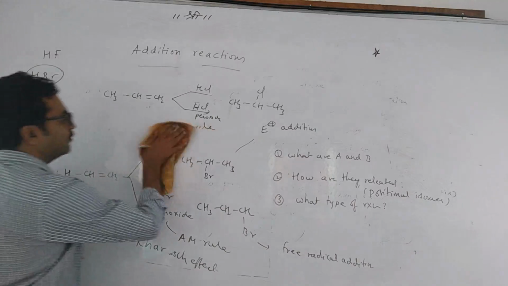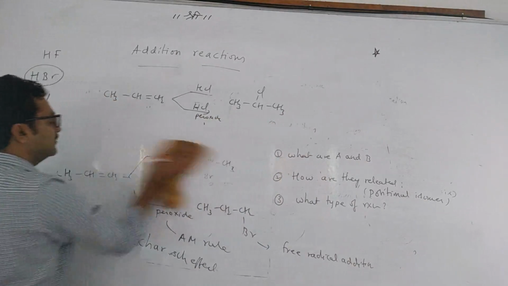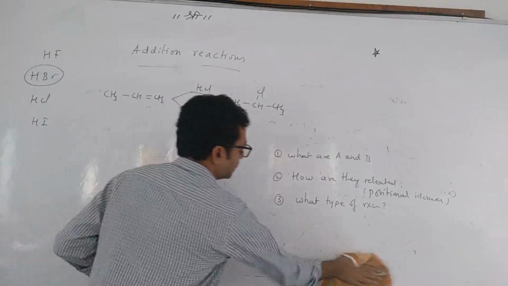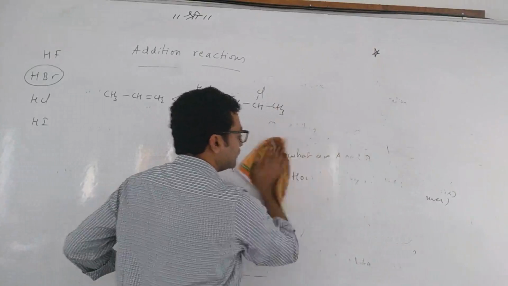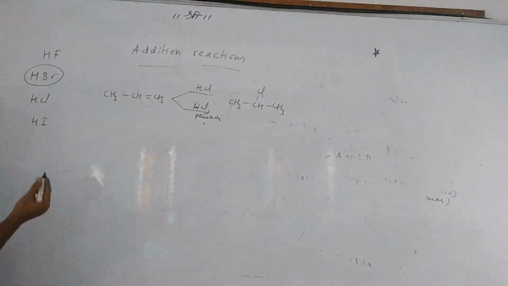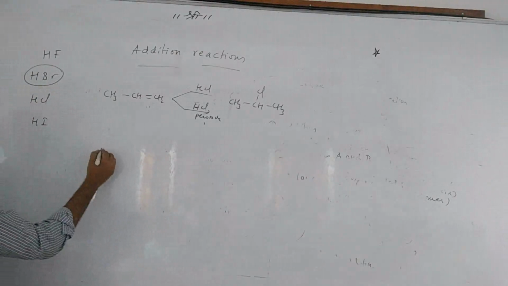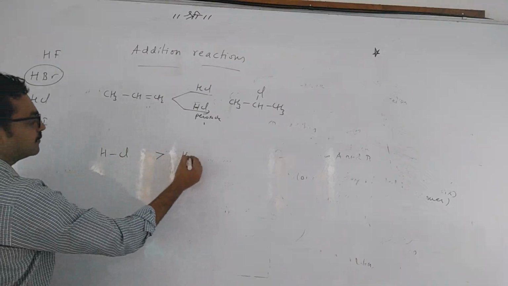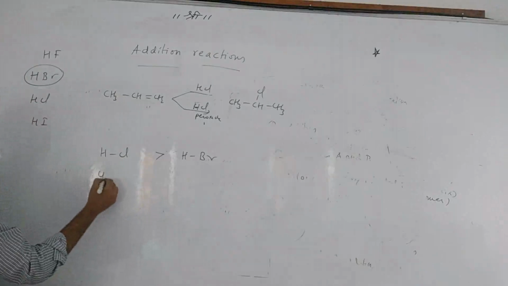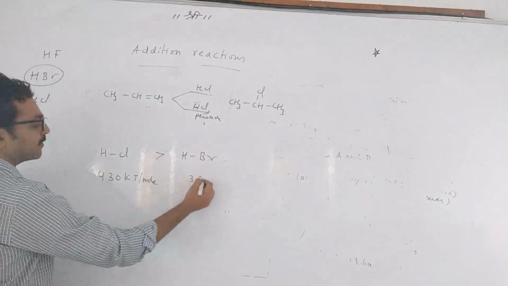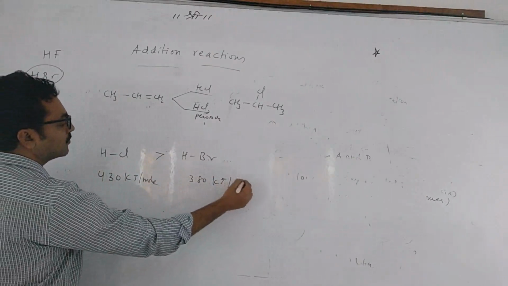So in the HCl case that will not happen. The reason is here: the HCl bond is stronger than the HBr bond. It is somewhat 430 kilojoules per mole to break it, and this is around 380 kilojoules per mole.